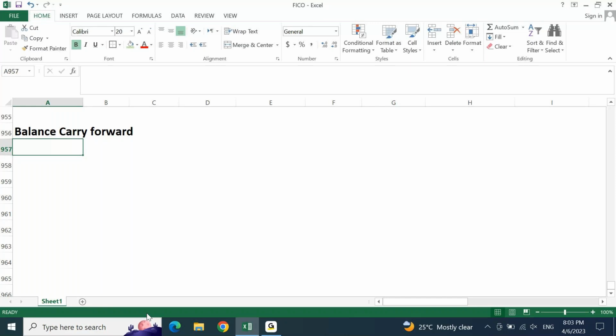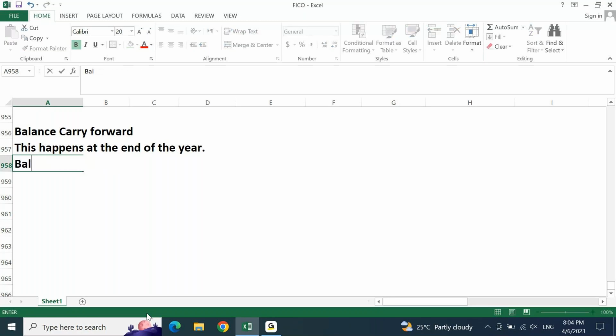Now, when you talk about balance carry forward, is this happening during the year or at the end of the year? At the end of the year, 31st of March in India. Now, at the end of the year, what actually will happen?